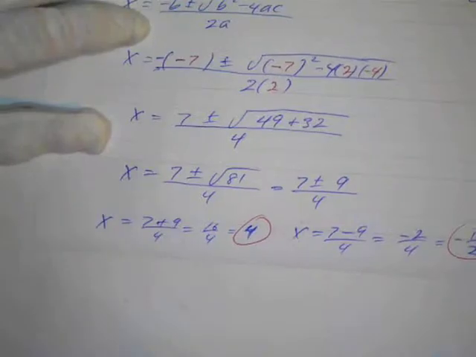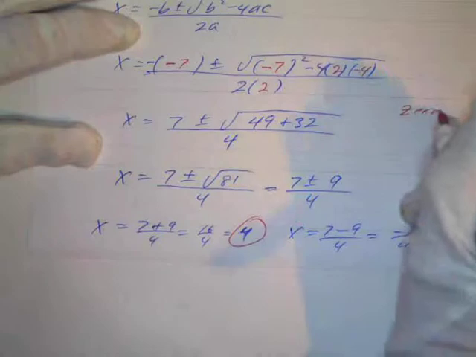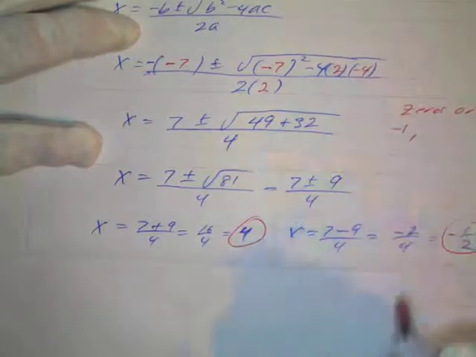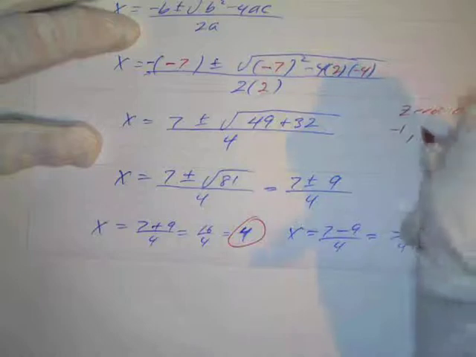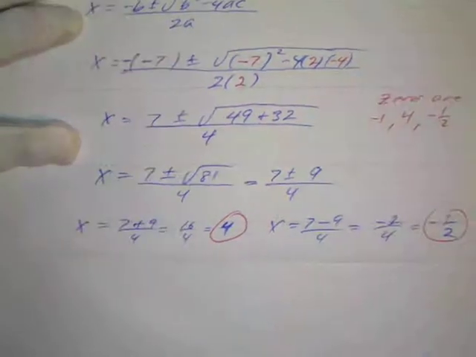So those are your 3 zeros. We can write those over here. The zeros are -1, 4, and -1/2. So that's all there is to that.